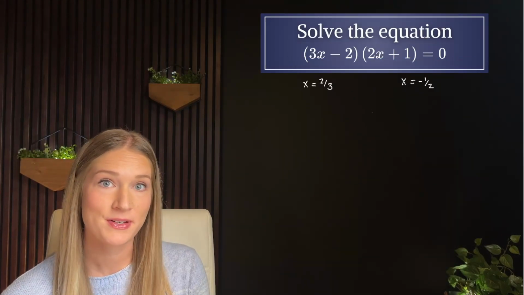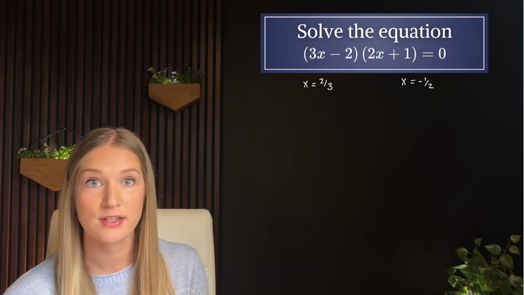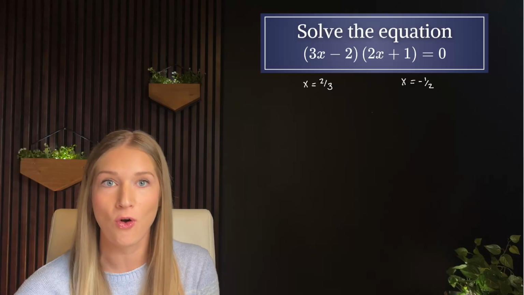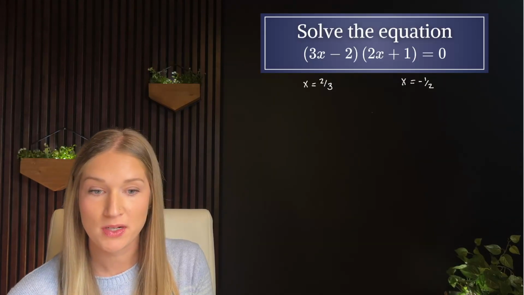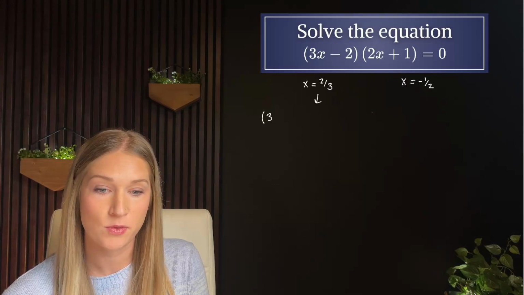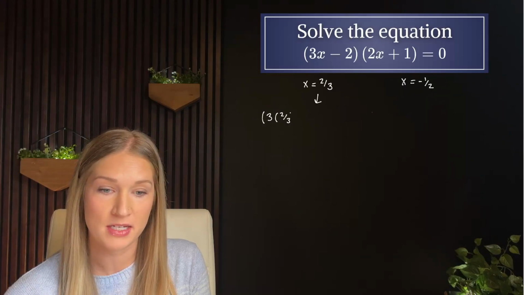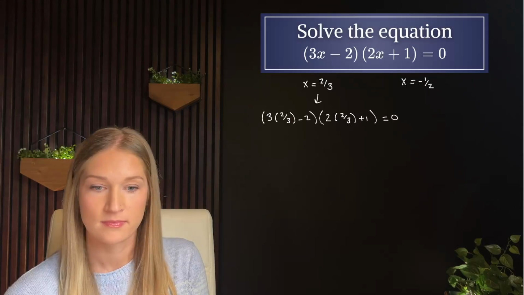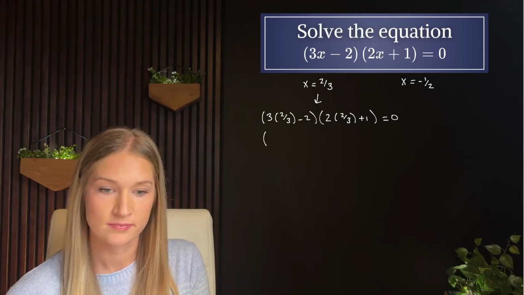When you're substituting an x value back into your equation, you need to make sure that you pick one value and then plug that value in for all of the x's. So the first one I'm going to check is this positive 2/3. So I plug that in for all of the x's in my equation. And then I just go through and I simplify.